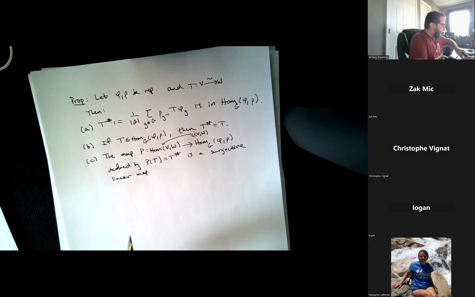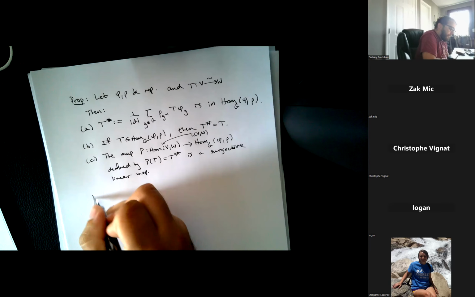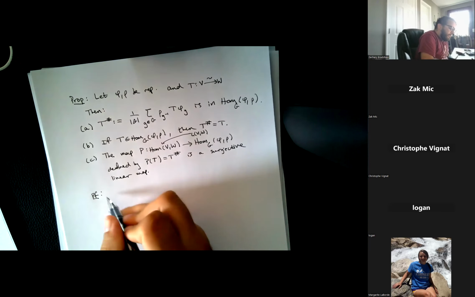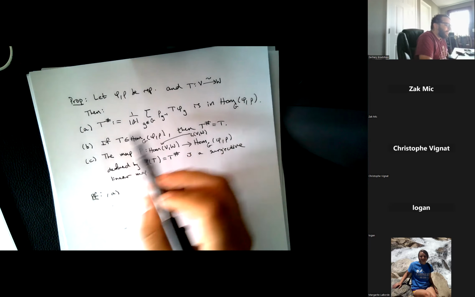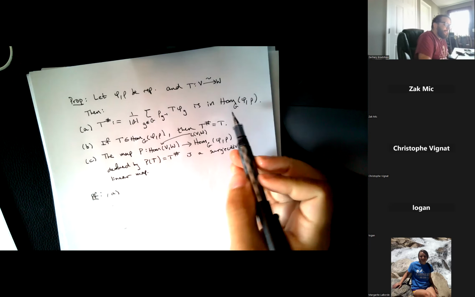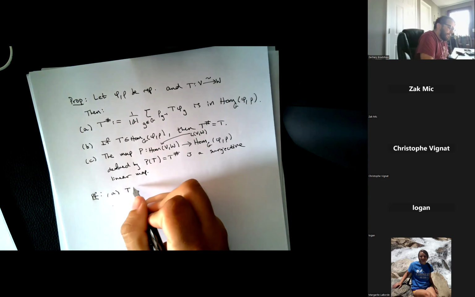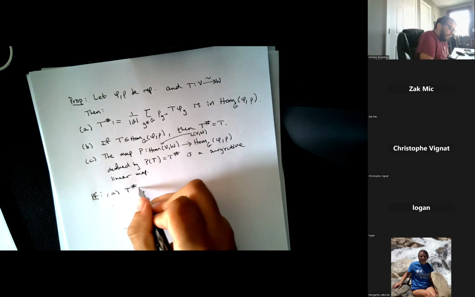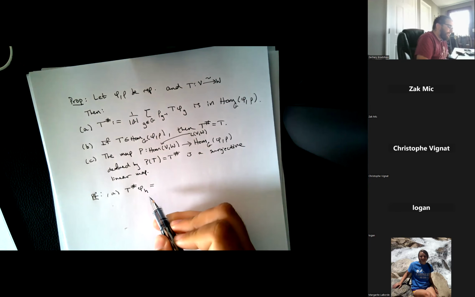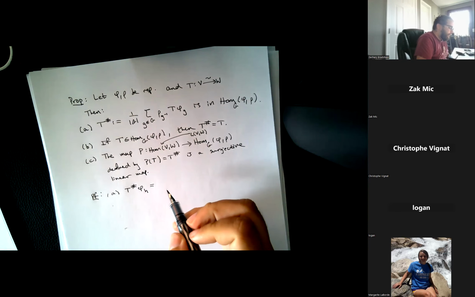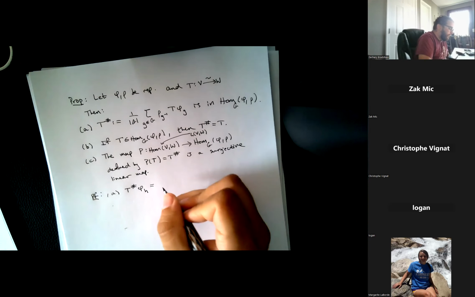Okay, so I believe I want to prove this. Yes. Okay. So for A, we want to show that this twirl, or T sharp, is a morphism when T itself does not have to be. So T sharp applied to phi H, we want to show that that's equal to phi H applied to T sharp.